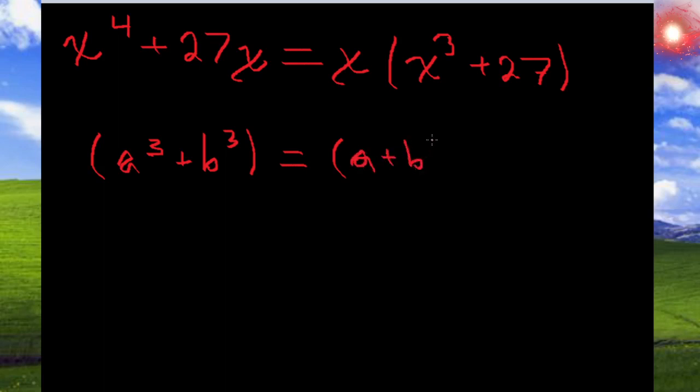You can say it's equal to a plus b, and then a squared plus b squared minus 2ab, because you get a cubed plus b cubed minus 2a squared b minus 2ab squared, and then you get ab squared plus ba squared.